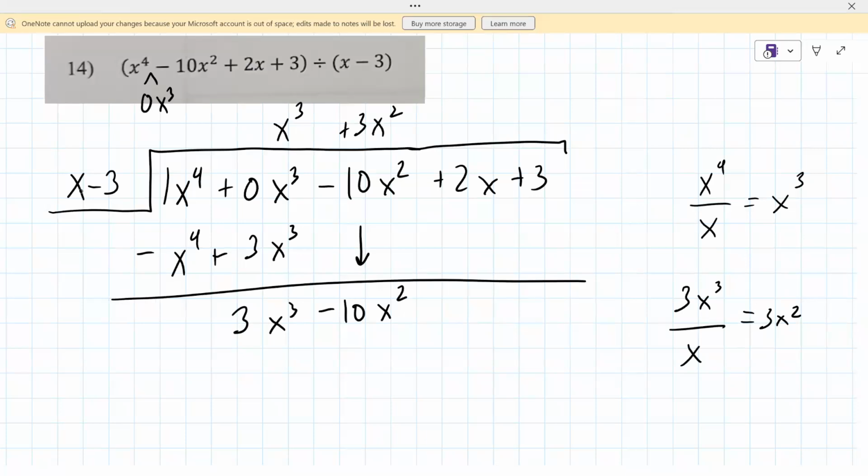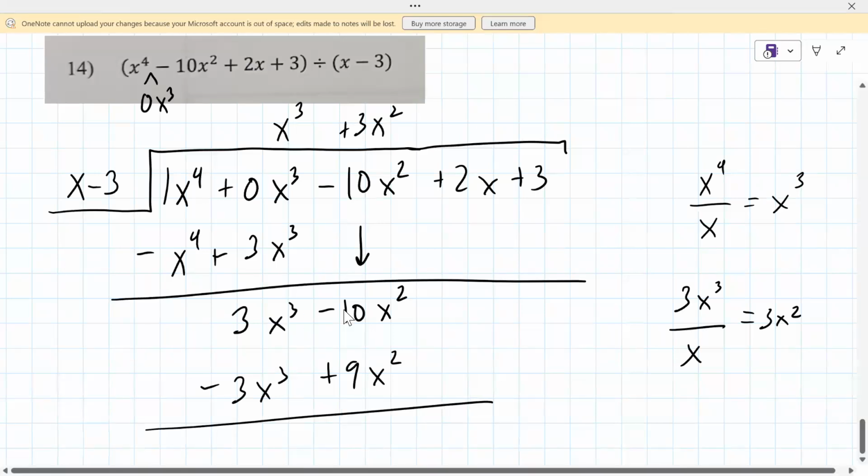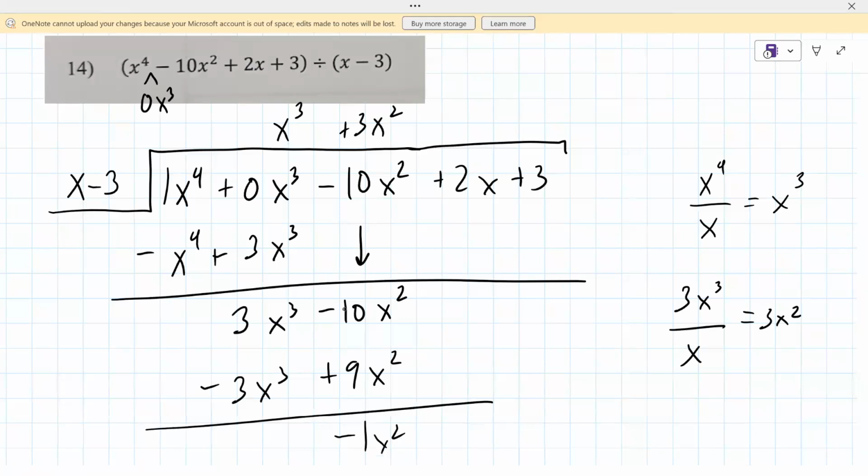So then you take 3x squared and you multiply it by x. So that's 3x cubed minus 9x squared. And so now, again, the leading one should always cancel out. So now it's negative 1x squared, bring the 2x down.